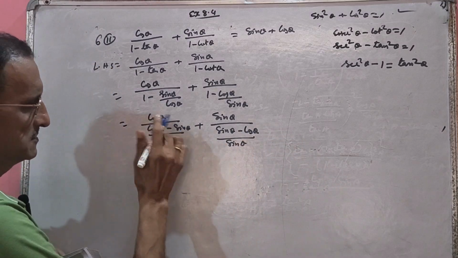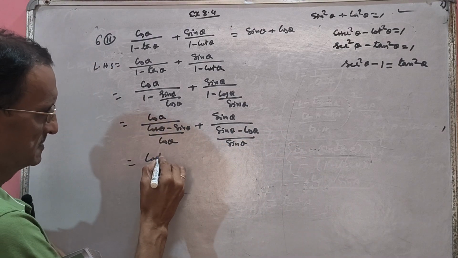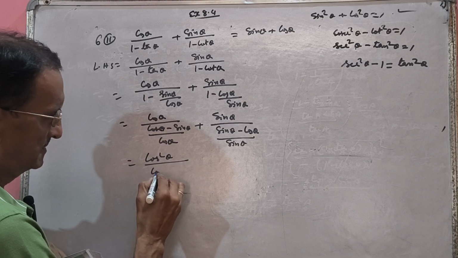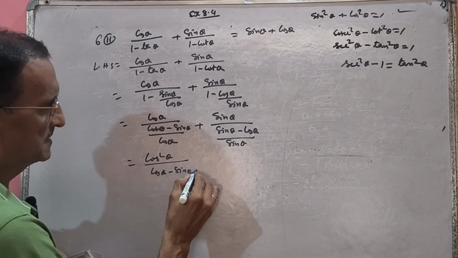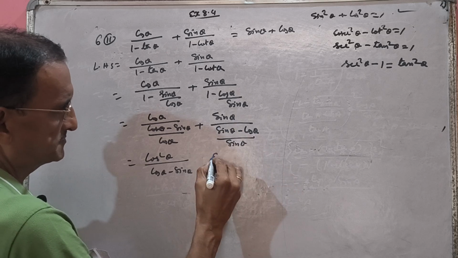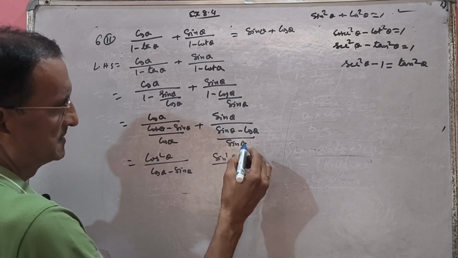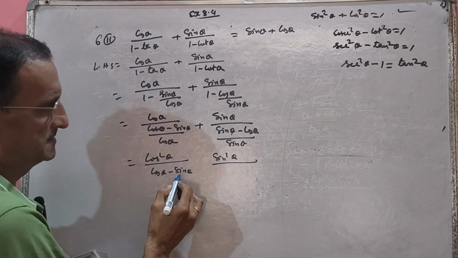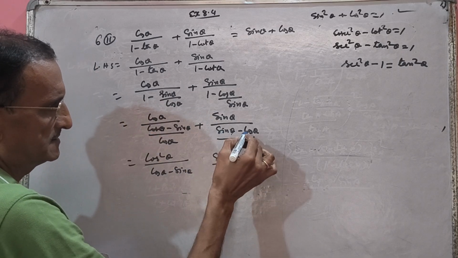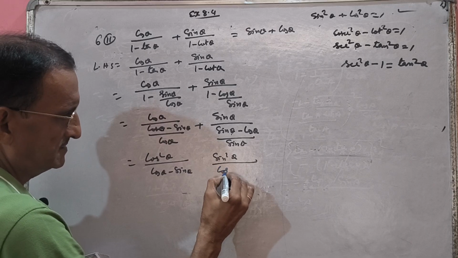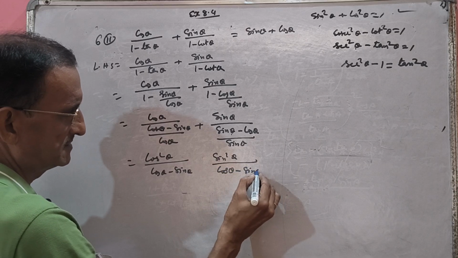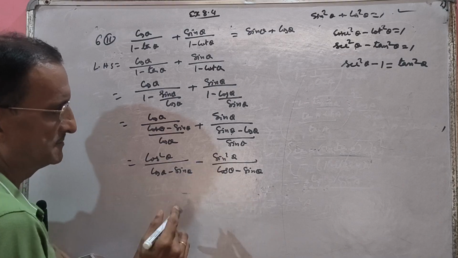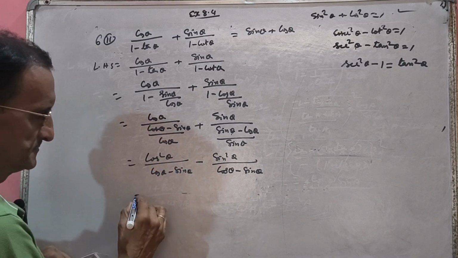This will go up: cos into cos, cos square theta, and here cos theta minus sin theta. This will go up: sin square theta. This is sin theta minus cos theta, and this is cos theta minus sin theta. If you write sin theta minus cos theta as cos theta minus sin theta, the sign will change because you need to take minus common.